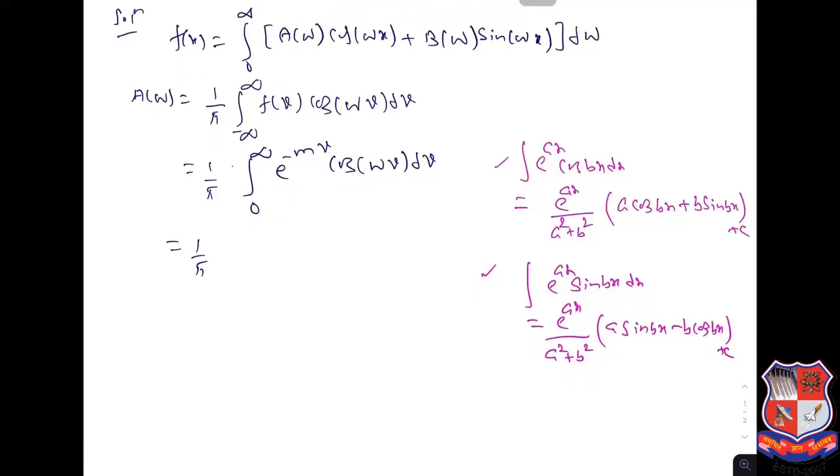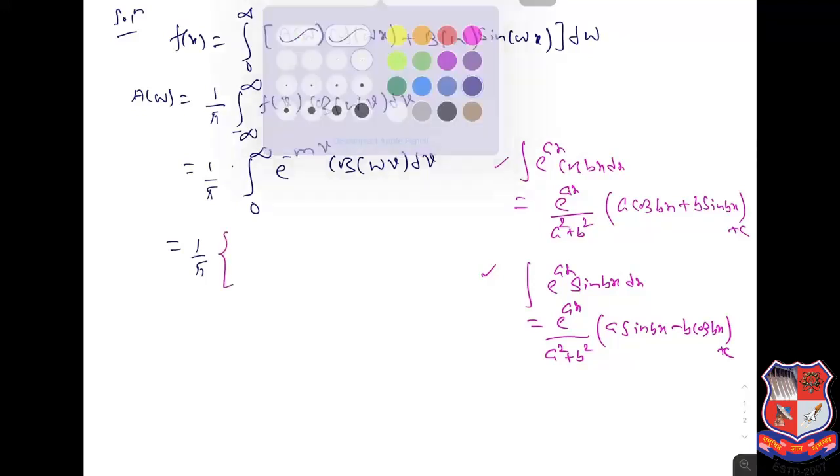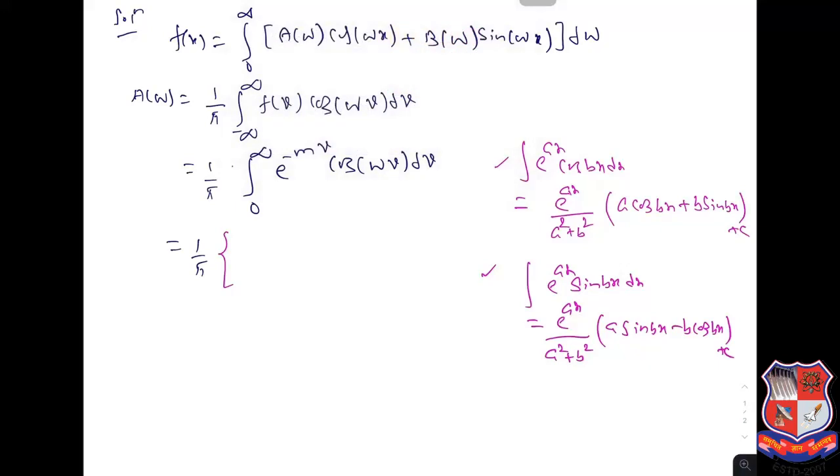So the integration of this one is e power minus mv over a square plus b square.